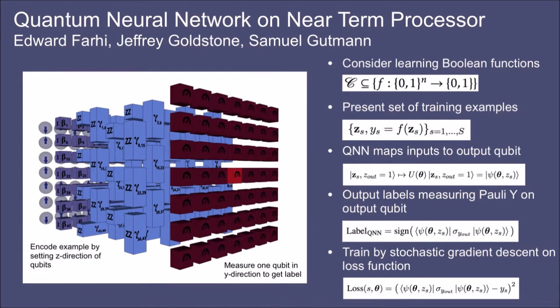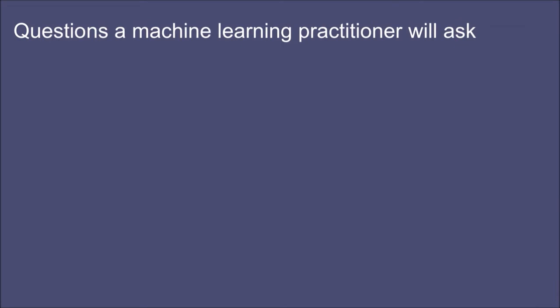And then I told you earlier that you can think of these gates as rotating the qubits. So instead of weights like in neurons, you have angles in these gates. And essentially by changing these angles, you change the input-output function. And you can now ask questions that a machine learning person would ask.